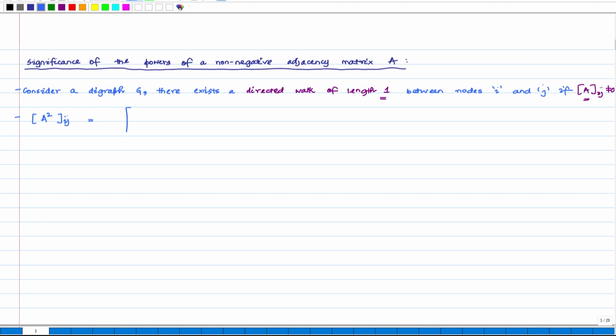It simply is the ijth entry of this product, which is obtained by taking the ith row and the jth column. Let us write down their entries.